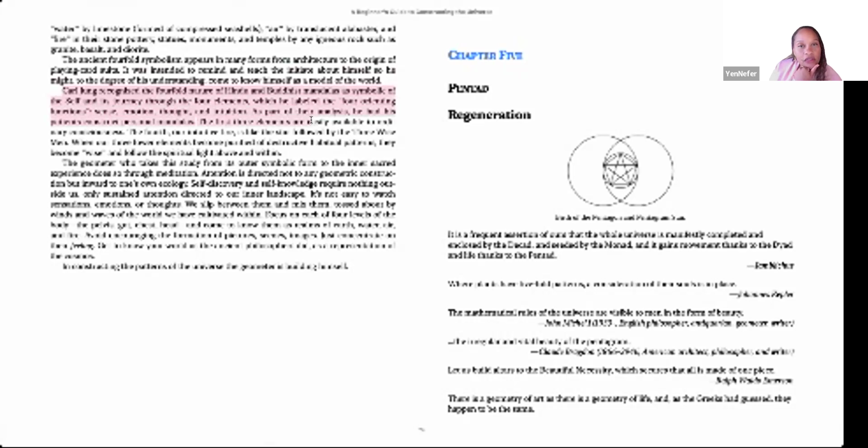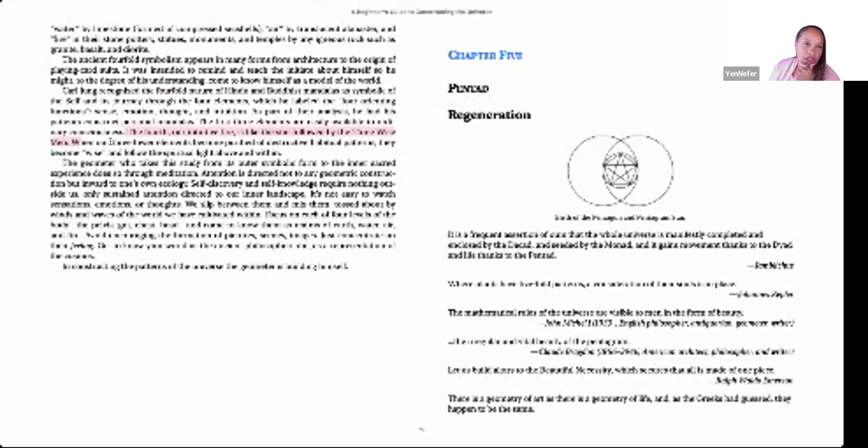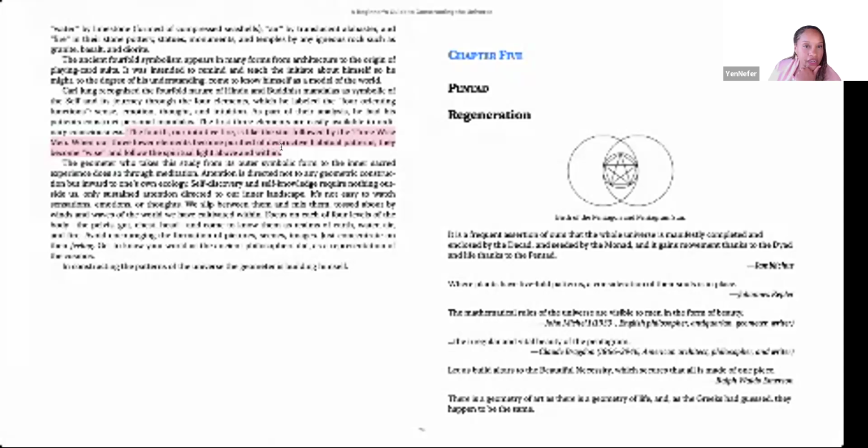The first three elements are easily available to ordinary consciousness. The fourth, or intuitive fire, is like the star, followed by the three wise men. Then, when our three lower elements become purified of destructive habitual patterns, they become wise and follow the spiritual light above and within.